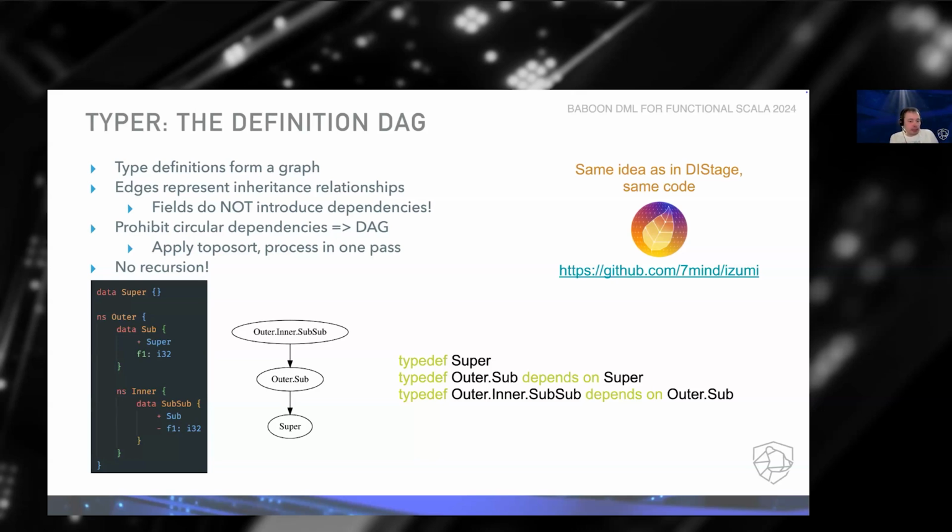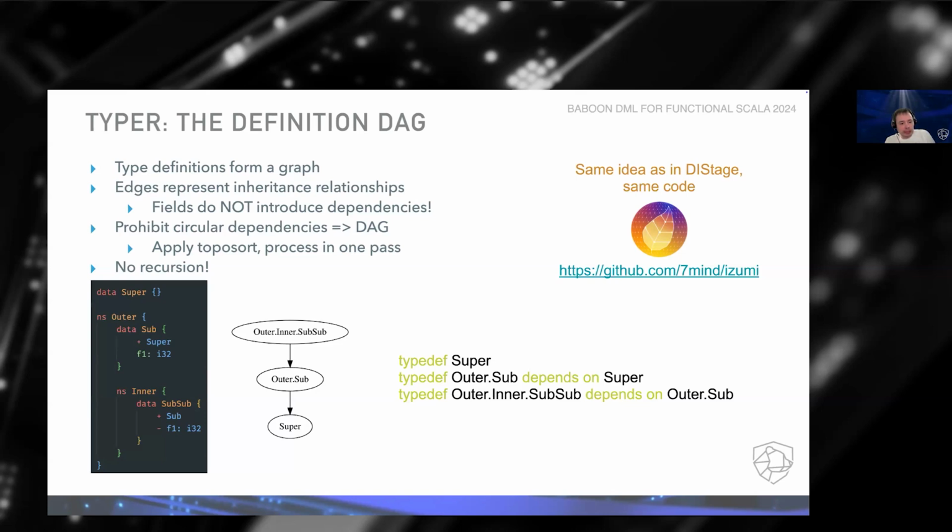So if we explicitly create a graph out of our type definitions where the inheritance relationship is represented by graph edges, then check that the graph is acyclic, we might topologically sort it and process definitions in a single pass without using any recursion at all.